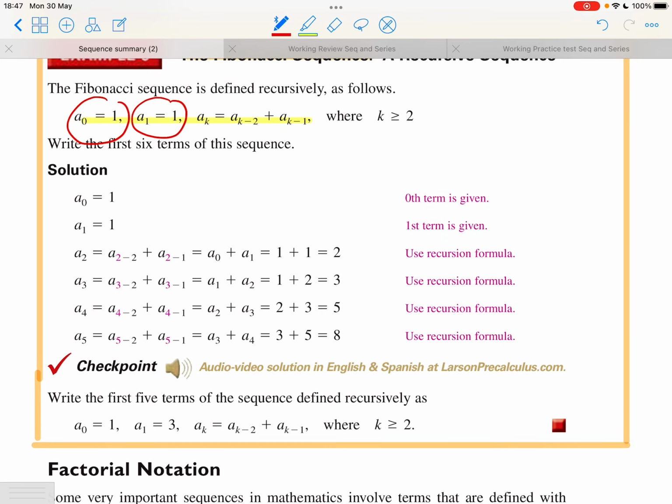Then you just substitute. So a2 equals a2 minus 2 plus a2 minus 1, which equals a0 plus a1, and then just substitute the values.